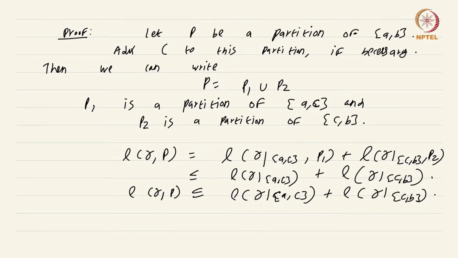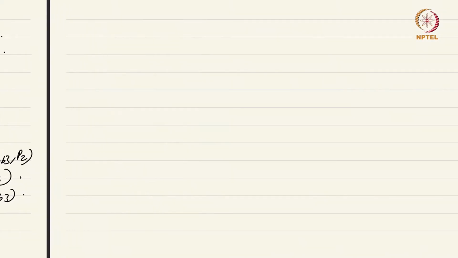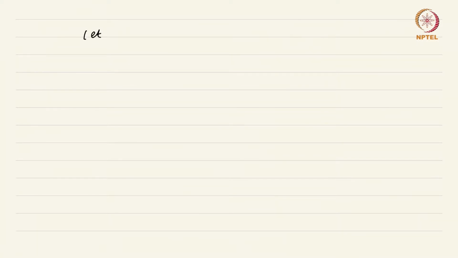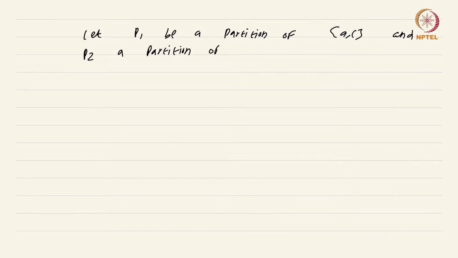Now we'll have to show the other side, and the other side is equally trivial. Let P1 be a partition of AC and P2 a partition of CB. Consider partitions. Then obviously P1 union P2 is a partition of AB.